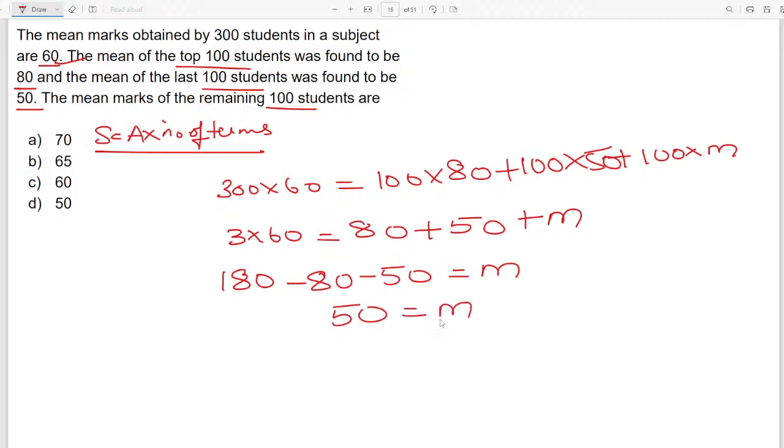So m is 50. The mean marks of the remaining 100 students is 50, that is option D.